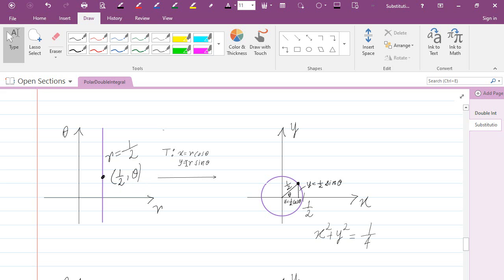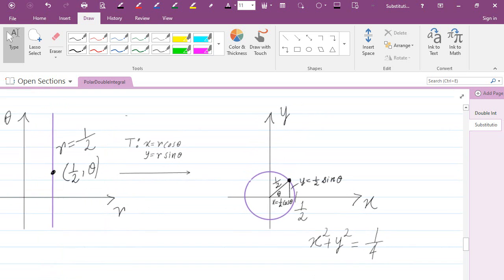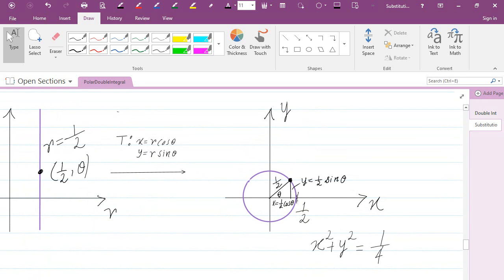So x is half cosine theta, and y is half sine theta. That gives us a point on the circle of radius half, from trigonometry again.